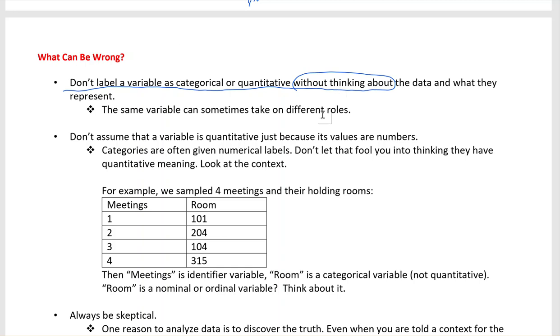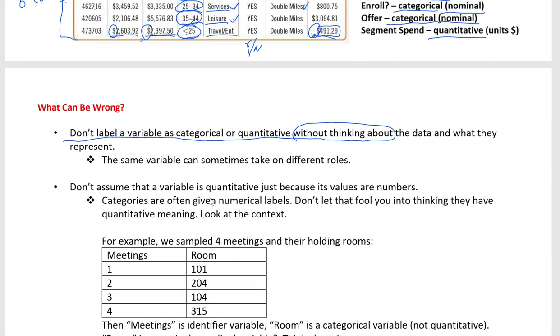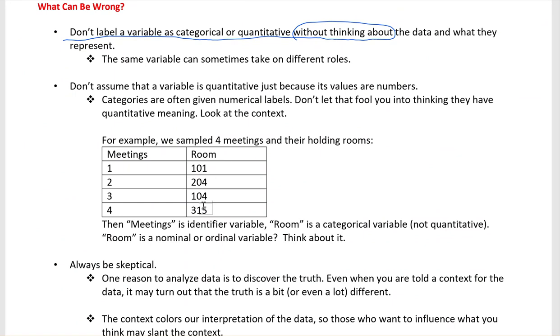What does that mean? Still remember the age variable? If you do not have the data, if you do not have these responses, can you decide whether it is a categorical variable or a quantitative variable? No. So do not label a variable as categorical or quantitative without thinking about the detailed data. This is the first thing you can get wrong. Be careful about it.